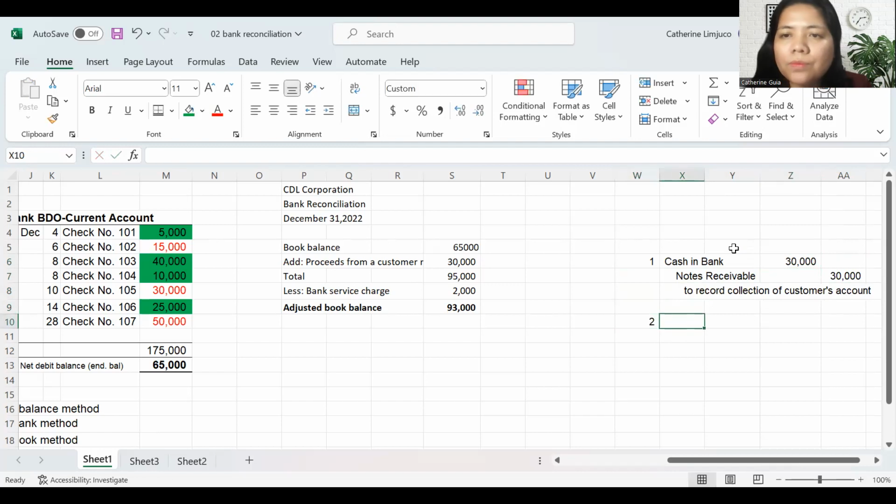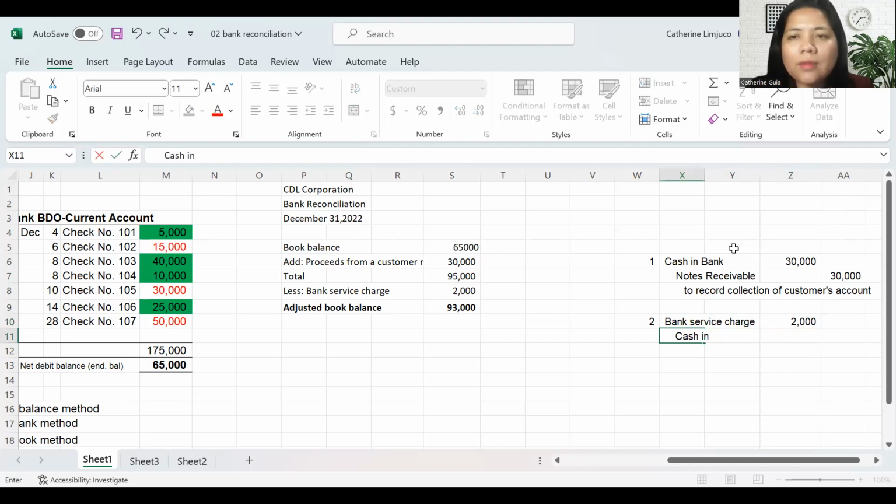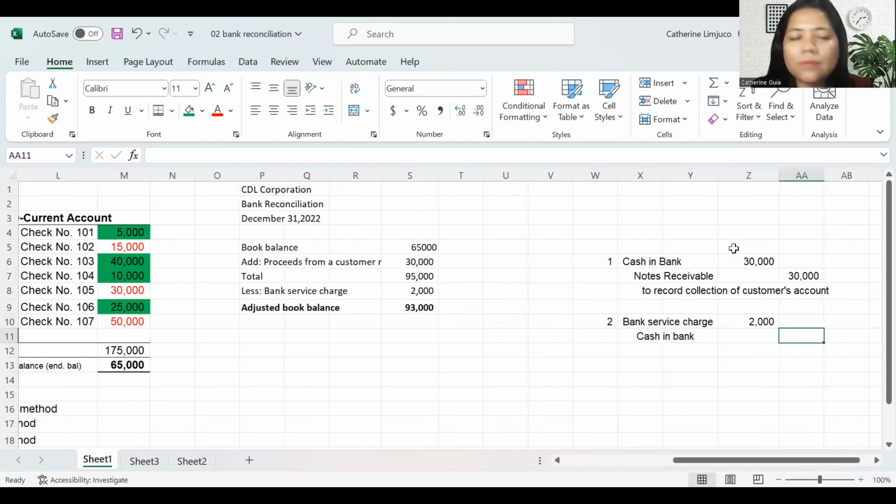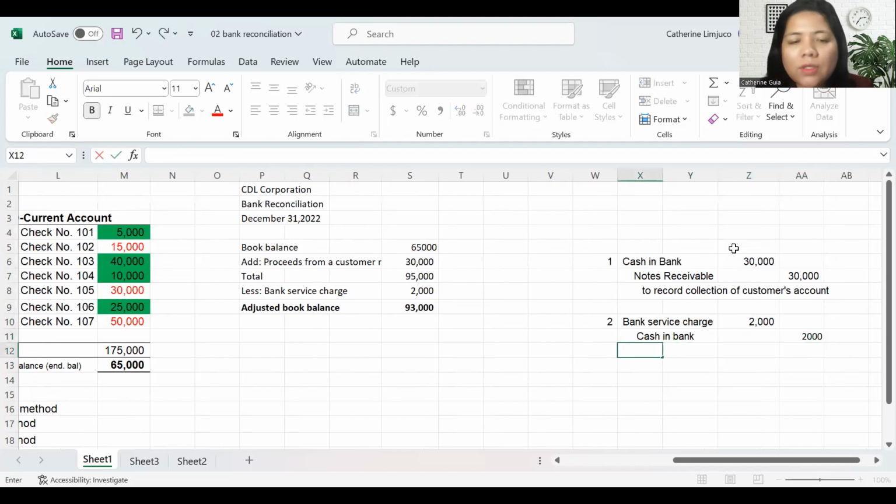Number 2 is related to bank service charge. So we have to debit the appropriate expense account, let's say bank service charge or other expenses. It depends what expense account is used by the entity in recording bank service charges. Debit 2,000 and credit cash in bank 2,000, to record bank charges.